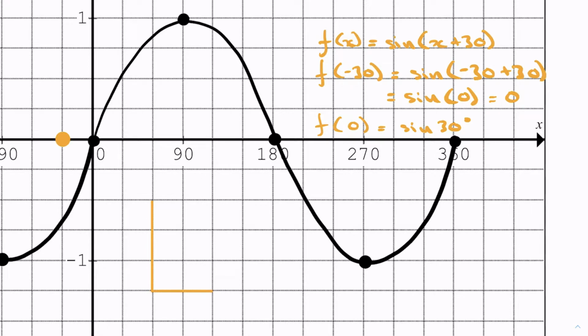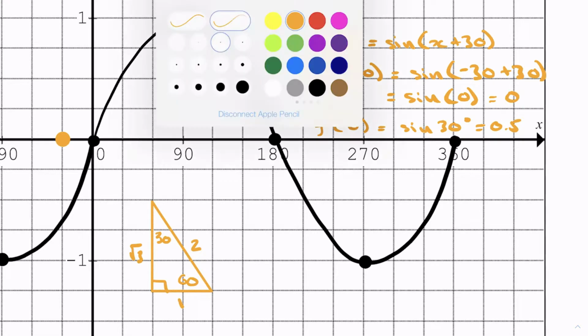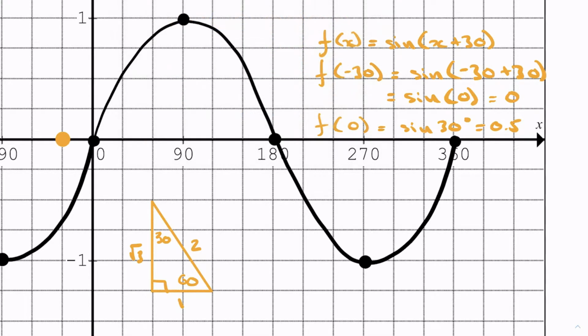Again, I like to use this as a guide. 60, 30, 1, 2, and then we have a root 3. So sine of 30 is opposite over hypotenuse, or just 0.5, or 1 over 2. And if I go to my grid here, f of 0 is going to be 0.5, which is over there.